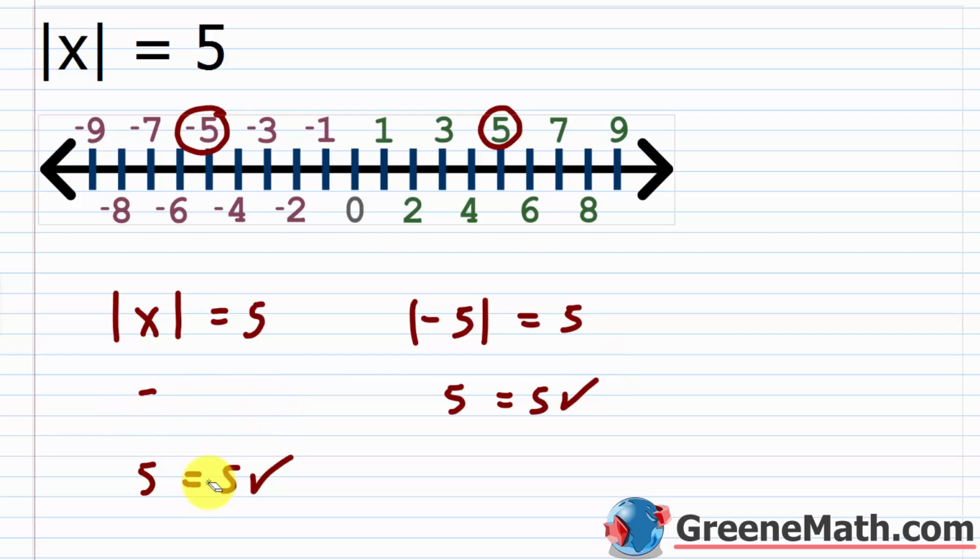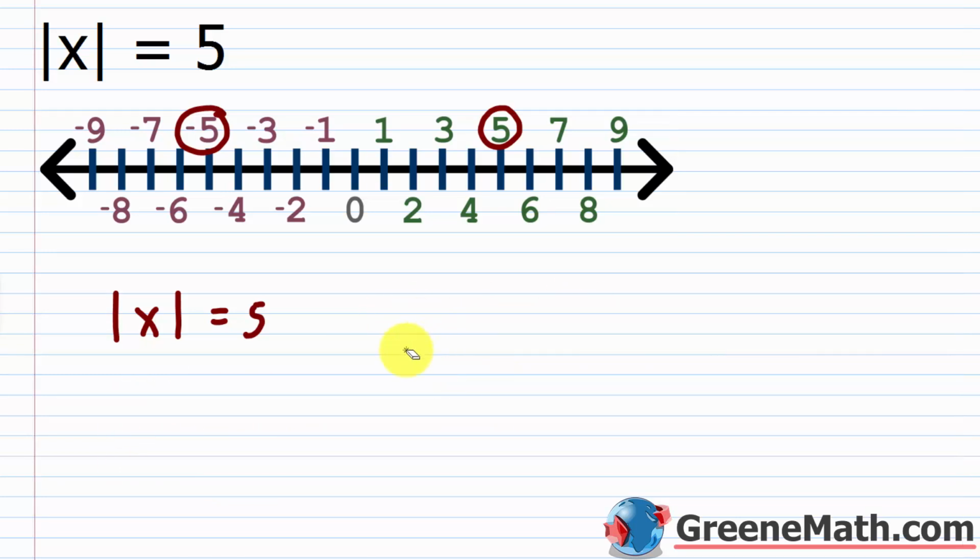So our solution for this equation is that x could be equal to 5, and then we have that keyword "or" that we talked about in the last lesson with compound inequalities: x equals 5 or x equals -5. The "or" just tells me that either works. If I plug in a 5, take the absolute value, I get 5, and 5 equals 5 is true. If I plug in a -5, the absolute value of -5 is also 5, and that's also true. So either one works. That's why we use the "or" keyword.